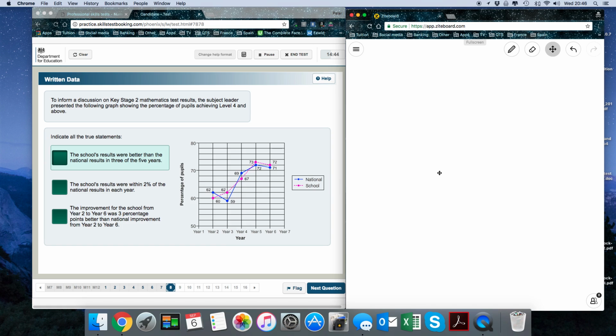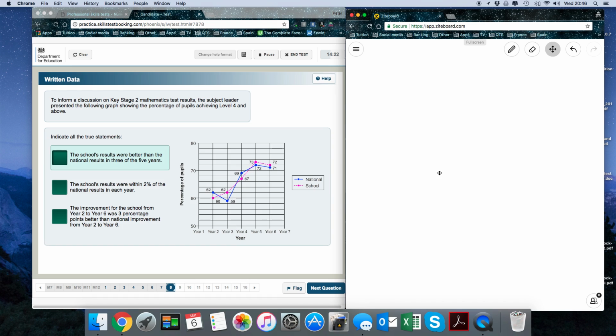So the improvement for the school from year 2 to year 6. Year 2 to year 6 is the whole graph. Sometimes they'll ask you just for part of the graph, but this is the whole graph. So it's looking at the improvement between the two. And the best thing to do is just to ignore the numbers in the question for a minute and come up with our own answer.